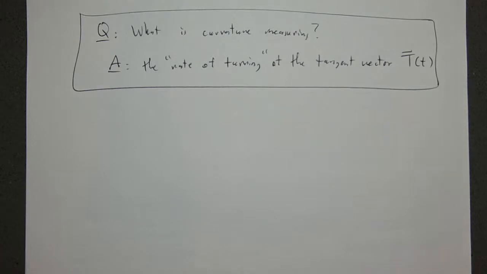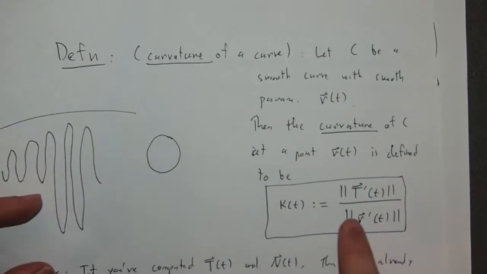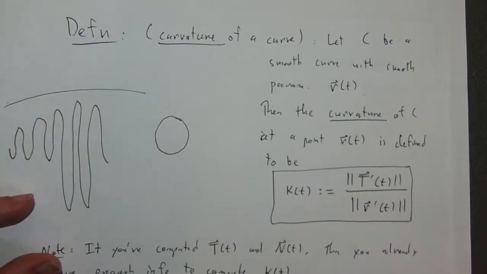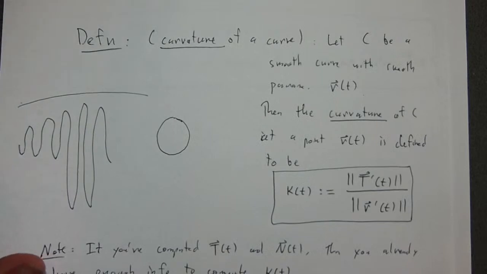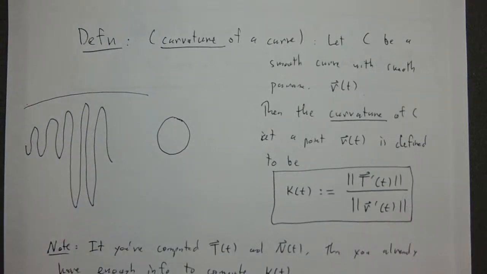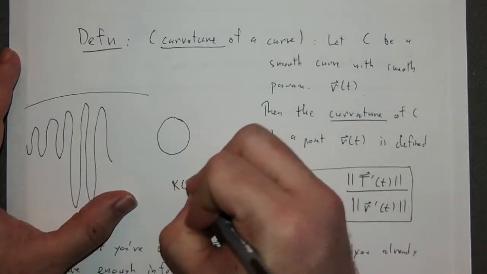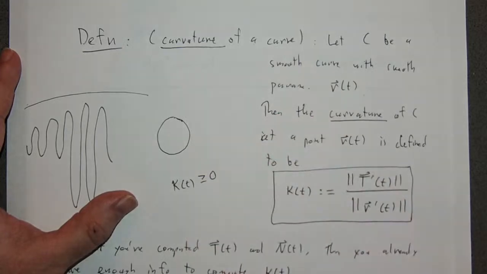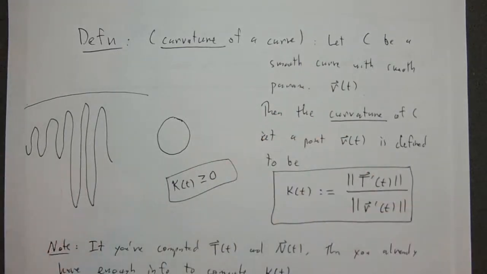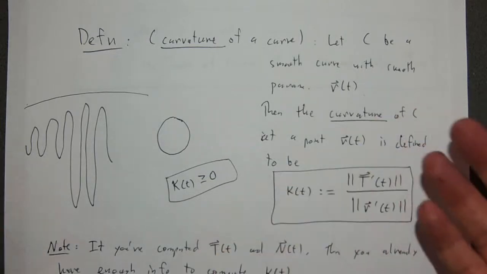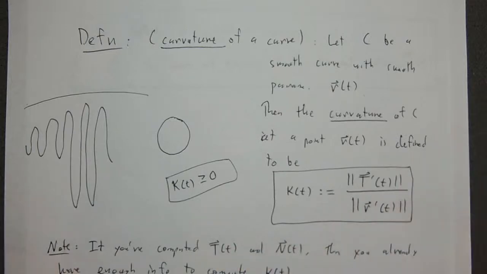Note also that by our definition, since the curvature is defined as a length divided by a length, what's the thing here to note? This is always positive. Right, so kappa of t is, well, I shouldn't say always positive, it's non-negative, right? The least it can be is 0. Now, it turns out that there is a very useful notion called signed curvature, such that if you take its absolute value, you get the curvature.